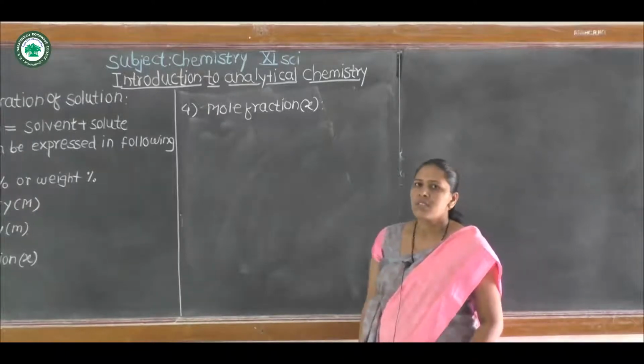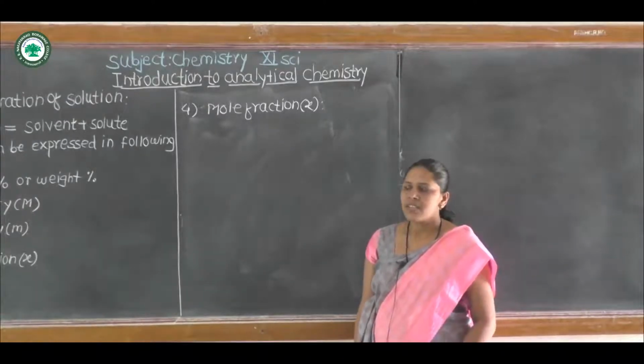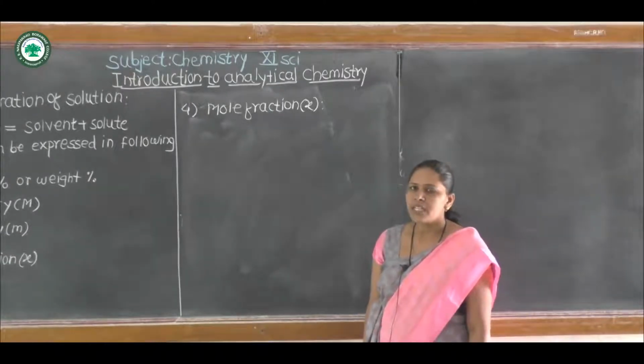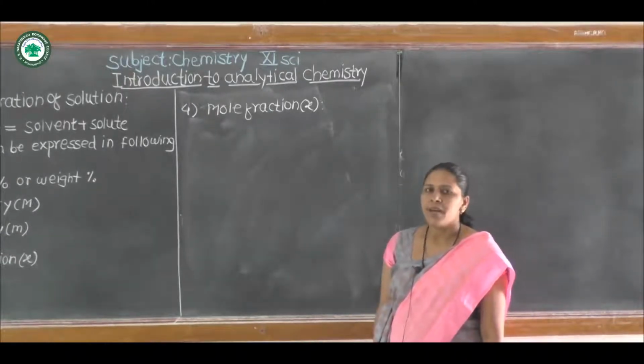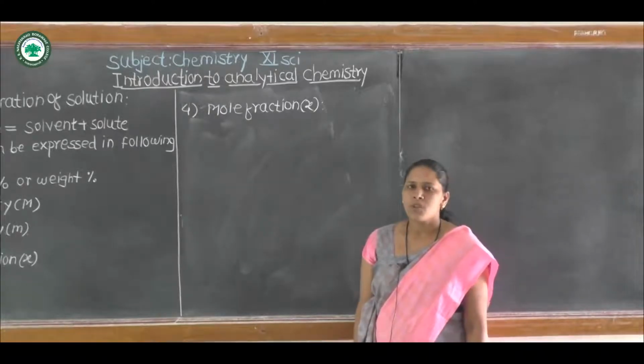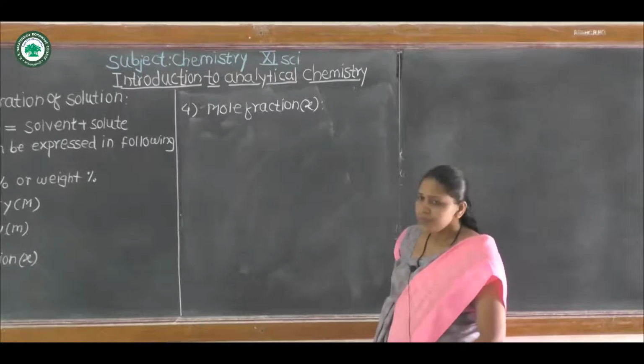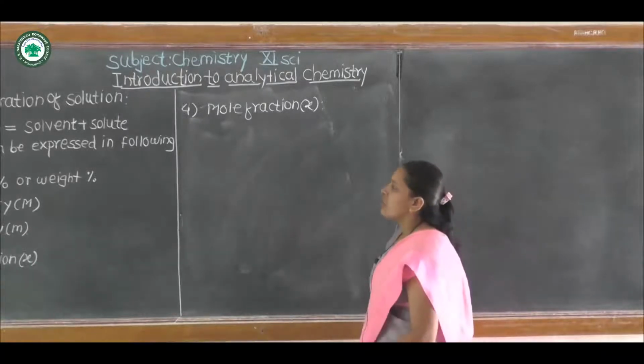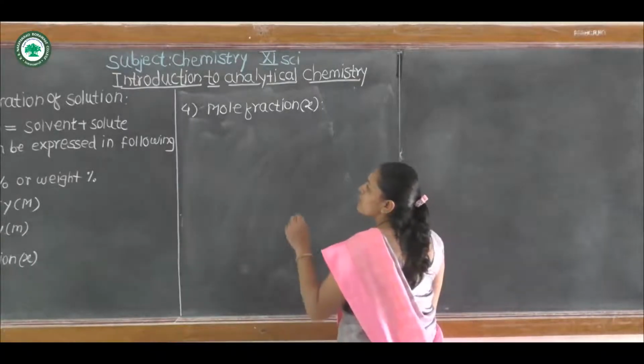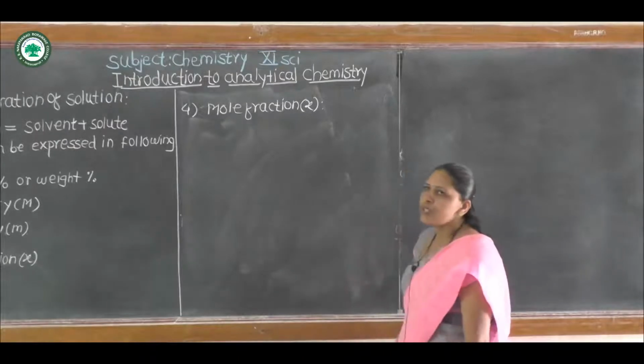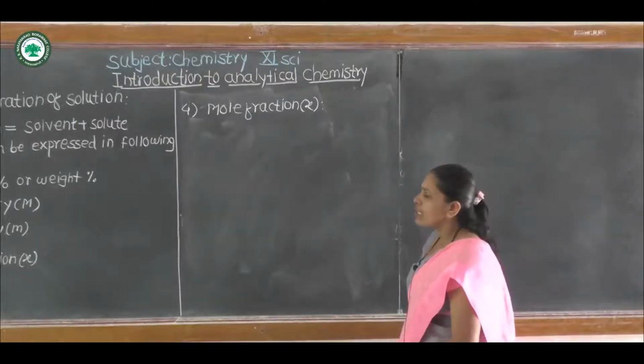Mole fraction is the ratio of the number of moles of that component divided by the number of moles of all components present in solution. For example, consider a binary solution consisting of solute and solvent.